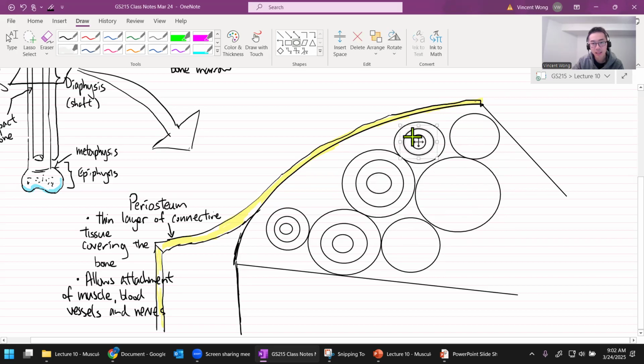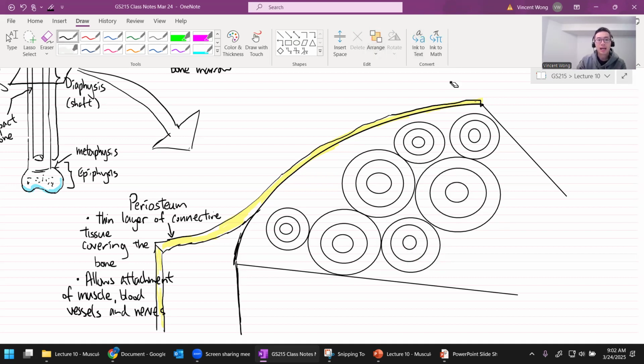Just make them nice like that. It's harder when you're not doing this on the computer. Or maybe it's easier. I don't know. The circles don't have to be perfect. All right, there you go. Beautiful like that. And over here, each of the circles is what we call an osteon.